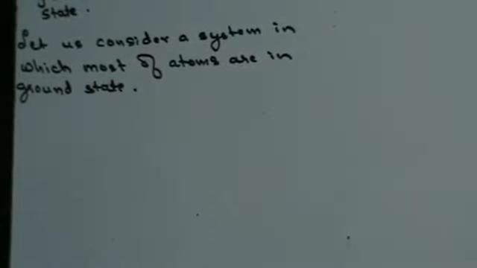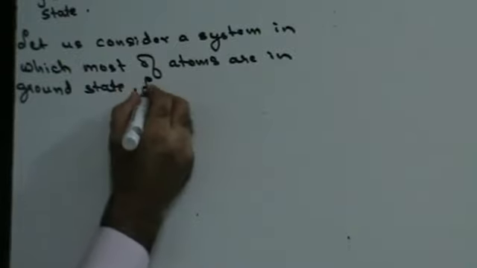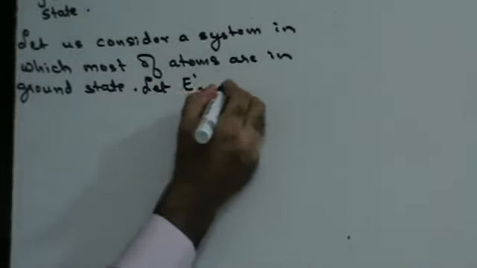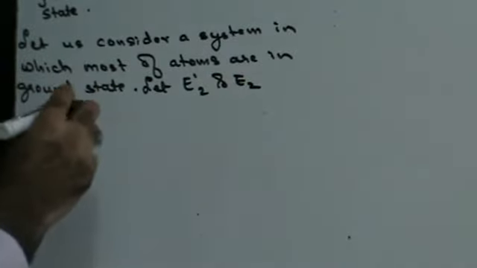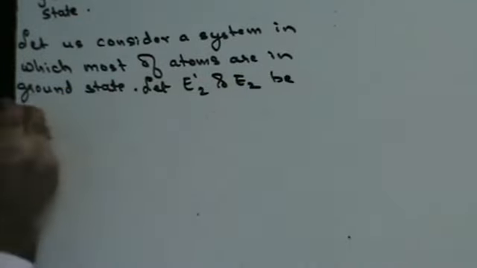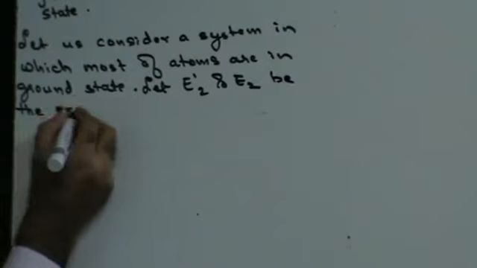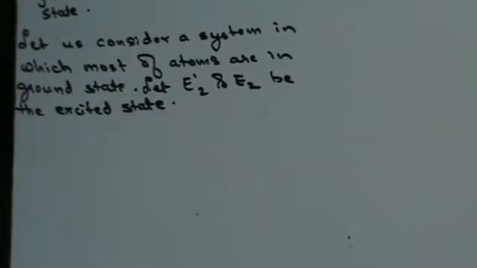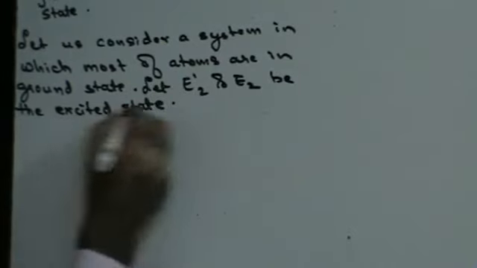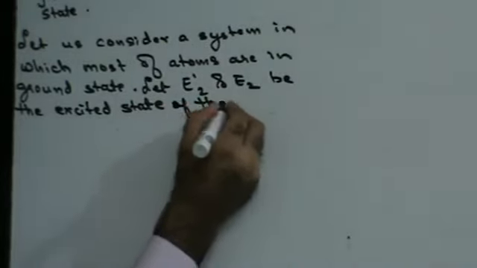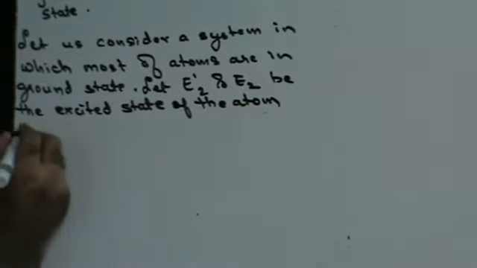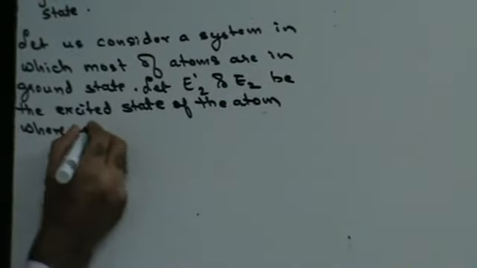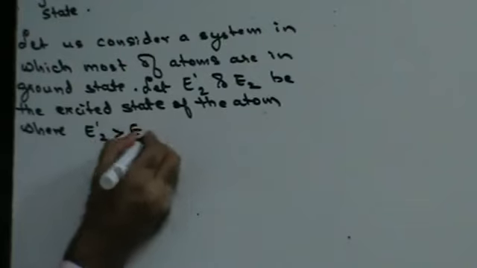Now let E bar 2 and E2 be the excited states of the atom, where E bar 2 is still higher than E2. That is, E bar 2 is greater than E2.